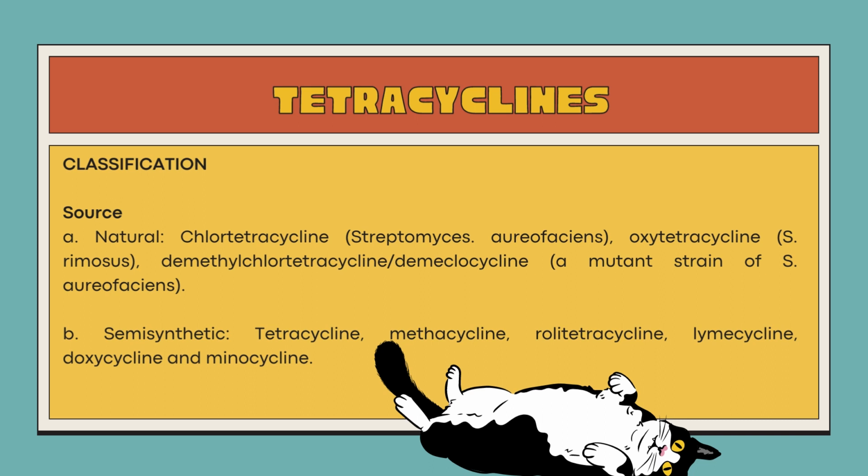So what is the classification of tetracyclines? These are classified based on sources. We have the natural tetracyclines. This includes chlortetracycline from Streptomyces aureofaciens, oxytetracycline from S. rimosus, and dimethyl chlortetracycline or demeclocycline, which is from a mutant strain of S. aureofaciens.